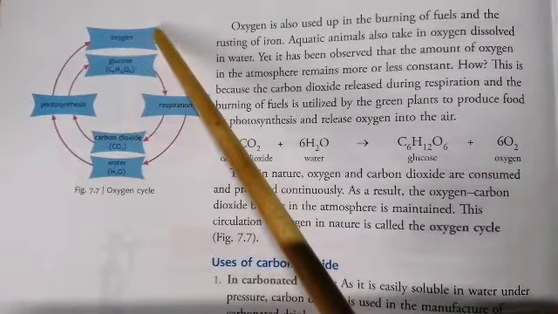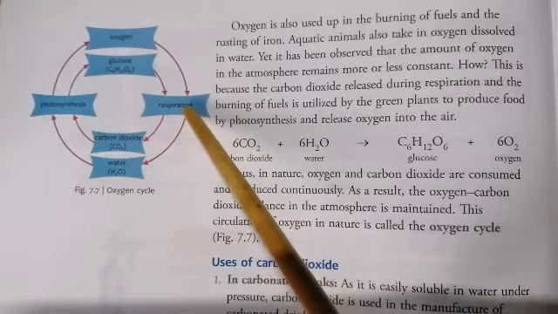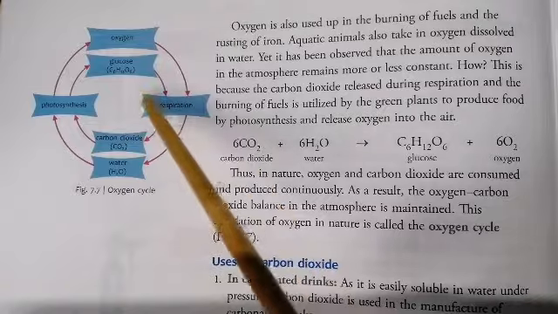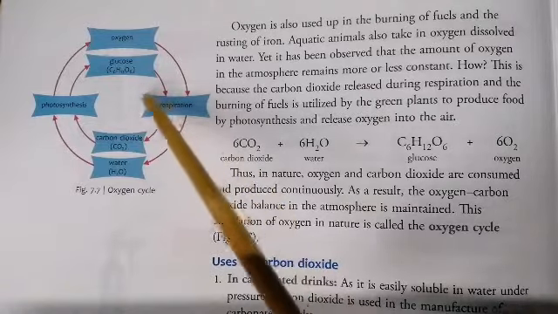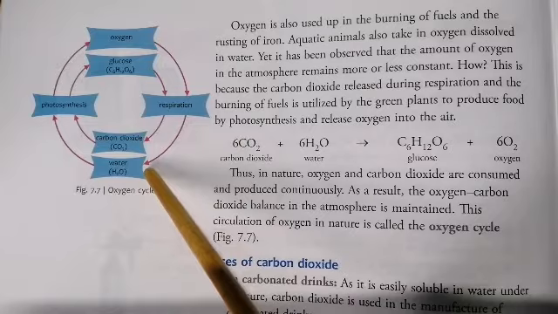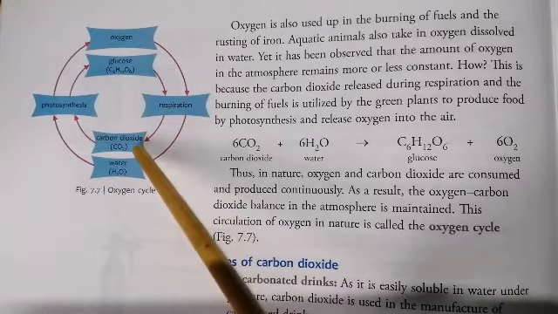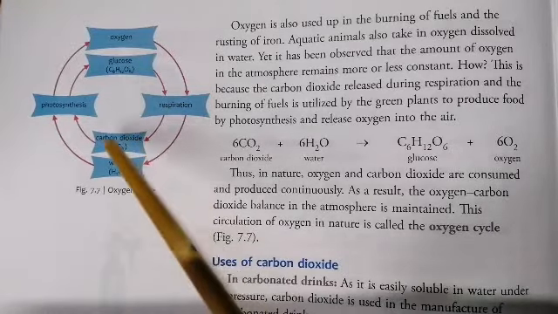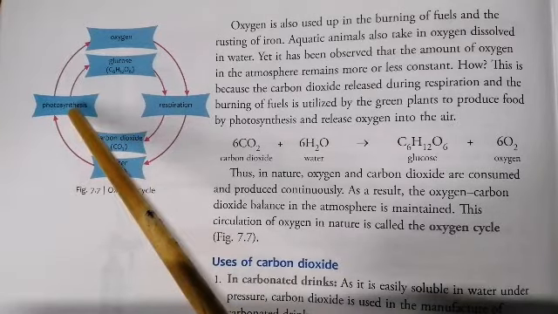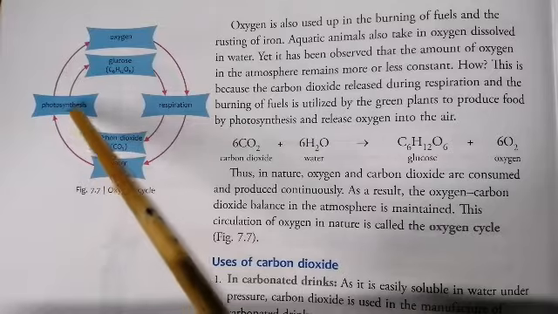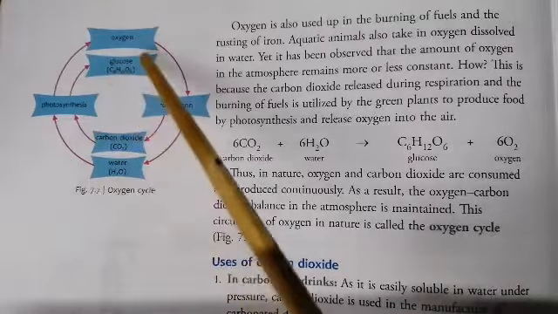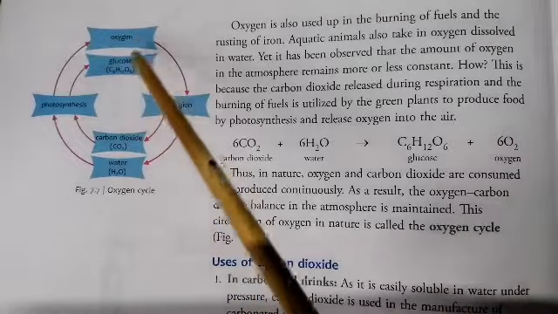This oxygen is utilized by all living organisms for the purpose of respiration. So during respiration, what do they give off? Water and carbon dioxide. Carbon dioxide is utilized by green plants during the process of photosynthesis to manufacture food, and food is in the form of glucose.